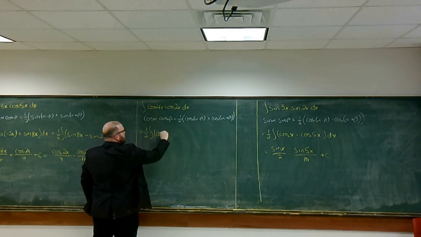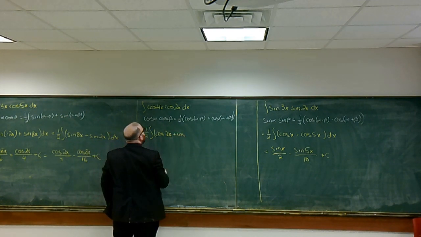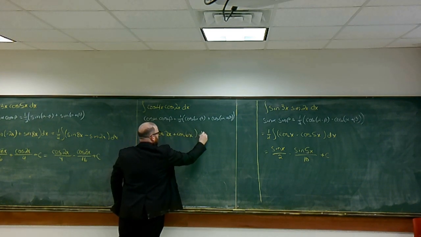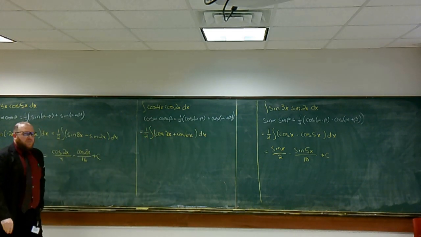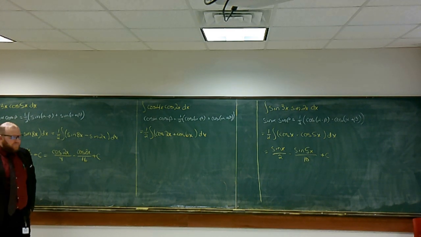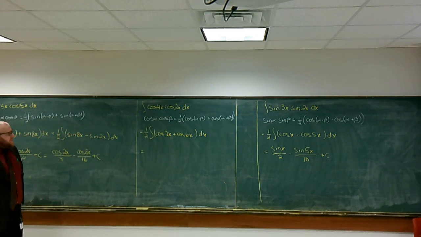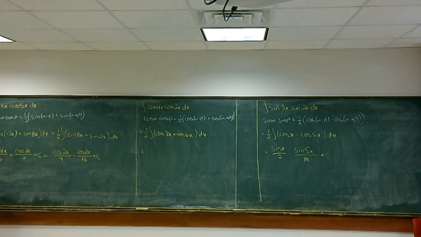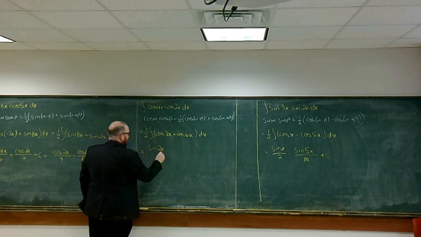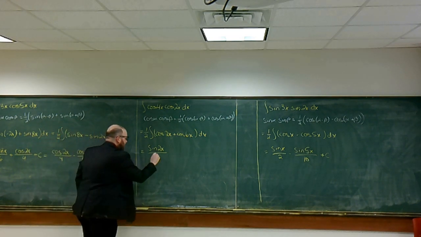Cosine 4x minus 2x plus cosine 4x plus 2x. And now it's just antiderivative of cosine of 2x: sine 2x over 2, and times a half.